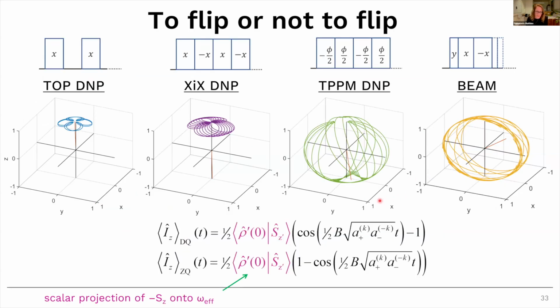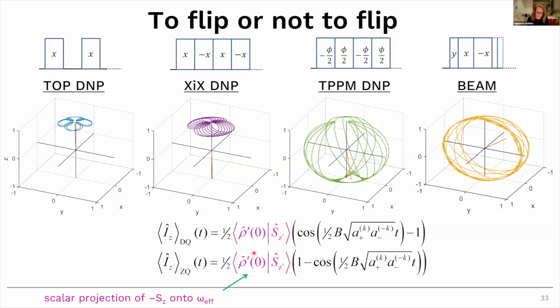So you may have noticed that in this periodic transformation of IZ, in the expectation value of IZ, there was also a prefactor. And this prefactor actually comes from the fact that we do the transformation in this interaction frame, and we have tilted the frame.